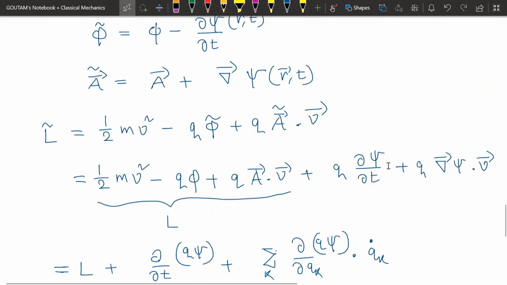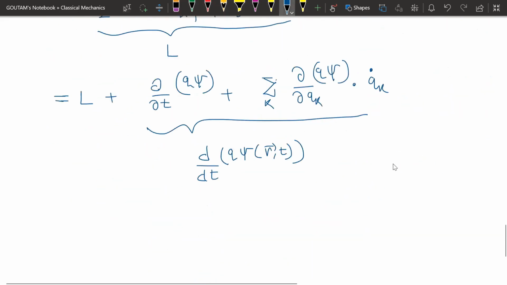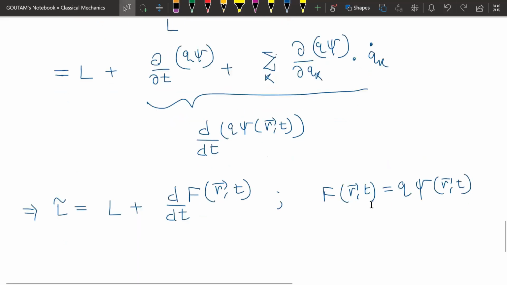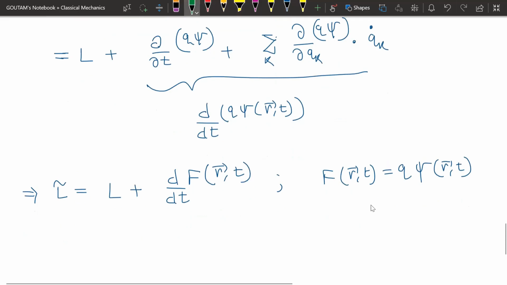For a particular charge, it is constant. So then our new Lagrangian L tilde will be L plus d/dt of, let's say, F, which is a function of r and t, where F is not a vector, F is Q psi. So this will be our new Lagrangian.